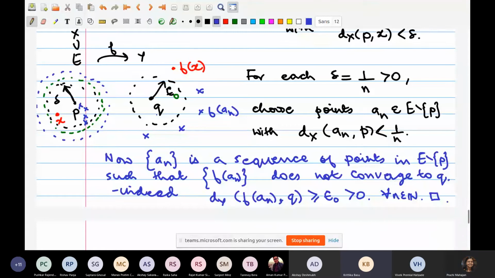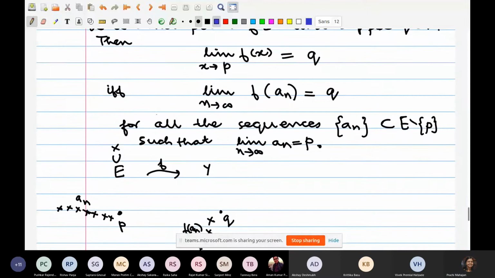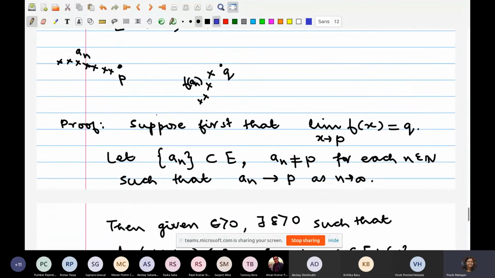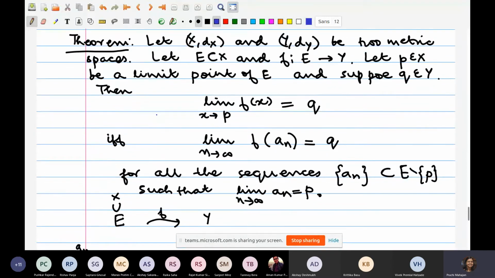Ma'am, how are we arriving at the contradiction? Okay, so we are arriving at the contradiction because of what we are proving. Let me go back to the statement of the theorem here. We proved that if the limit of f at P exists and equals Q, then there is this sequential criterion for limits.